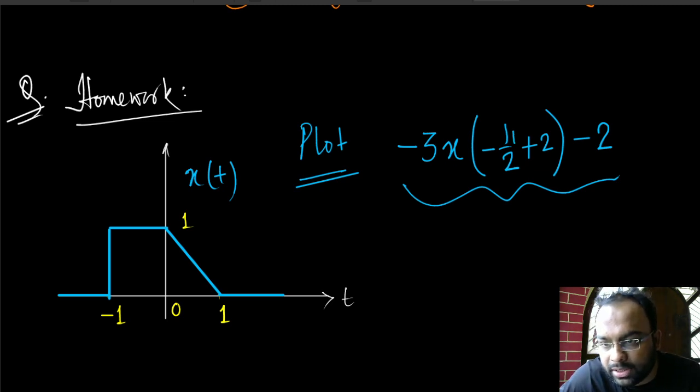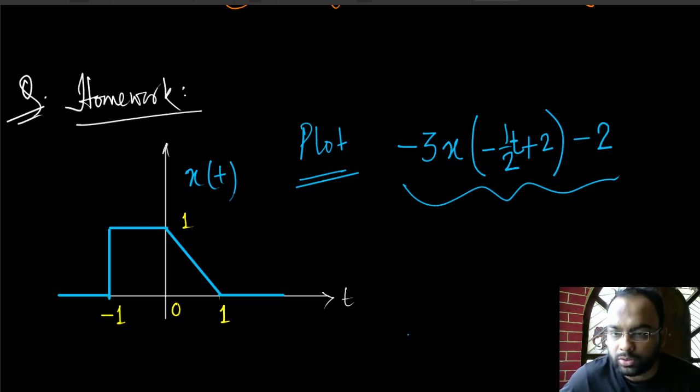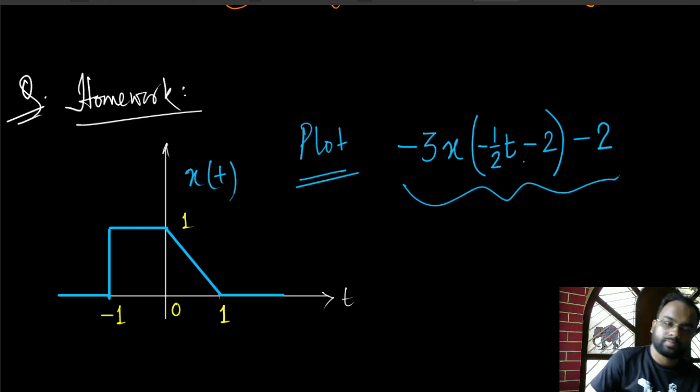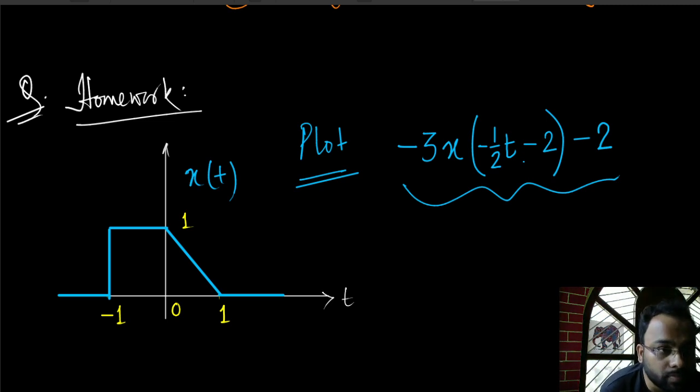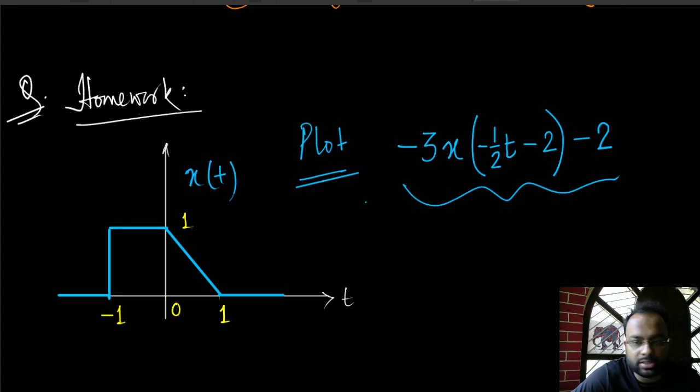Oh, I just skipped the t. Of course, there is a t which I somehow managed to skip. So write down all the steps, all the 6 possible steps that might happen here, and send me the answer.